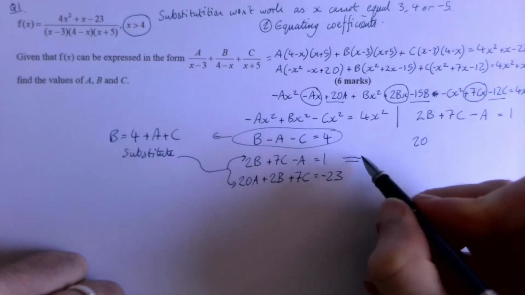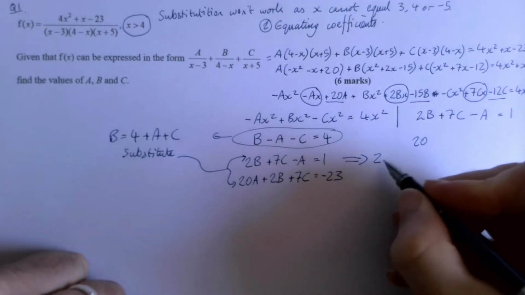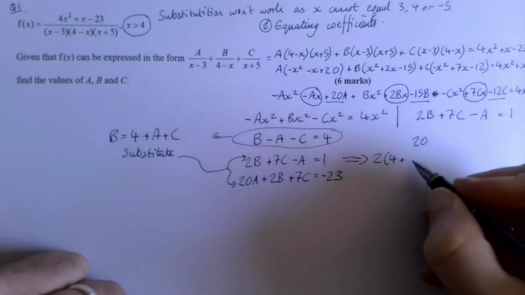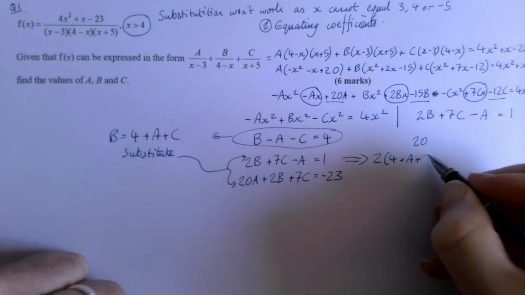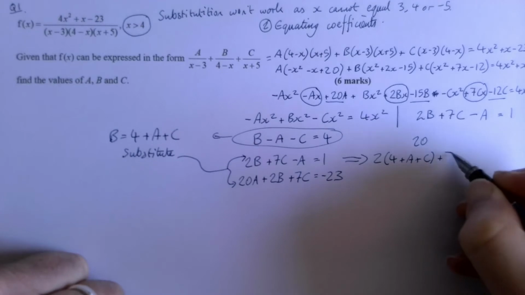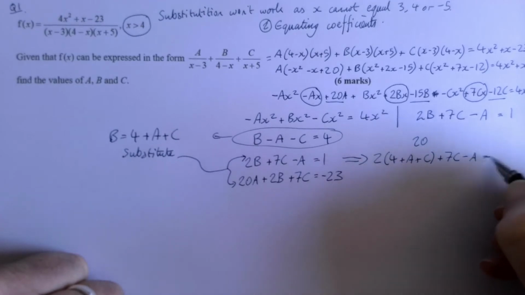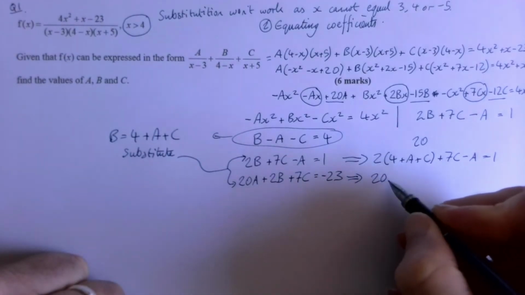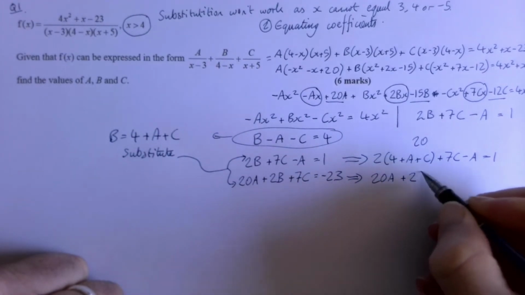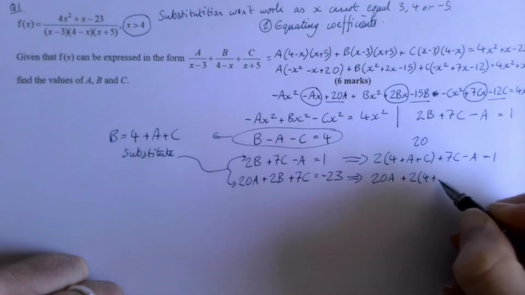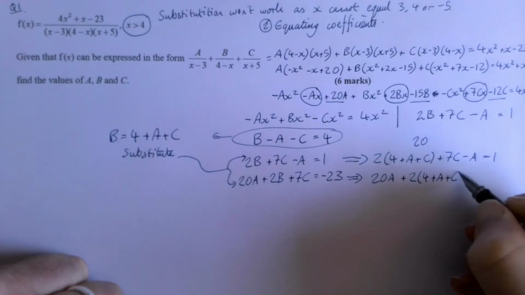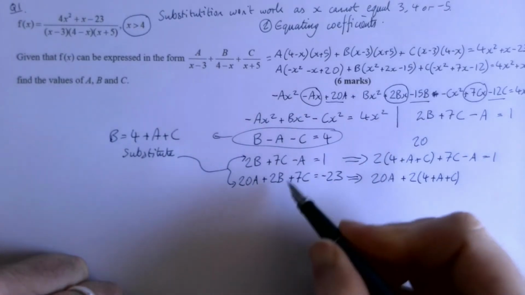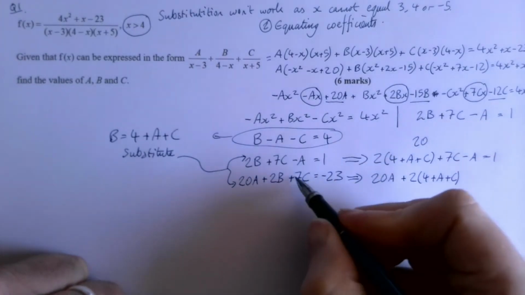So that one there is going to become, instead of 2b, I will have 2 with 4 plus a plus c instead of the b, plus 7c, take a equals 1. And for this one here, I'm going to have 20a plus 2 again times 4 plus a plus c. And have I done a mistake here? Yes, I have. That should be minus 12c there, shouldn't it?